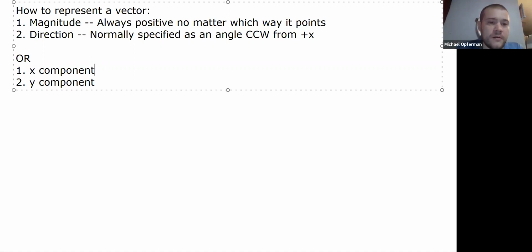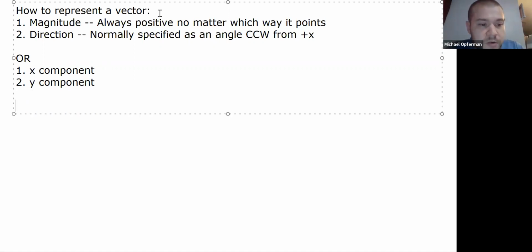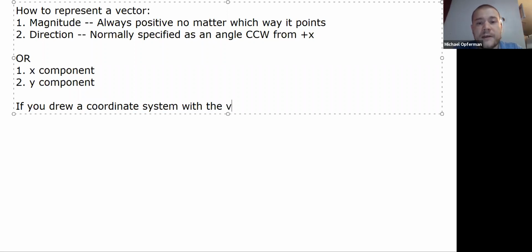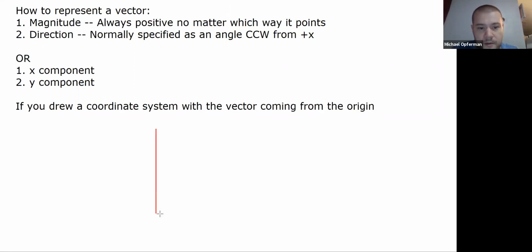Let me start a new line here and explain this from scratch. Let's say you drew a coordinate system with the vector coming from the origin. Let me do that just so you can see what I'm talking about. Say there's my coordinate system. Let's have the vector go this way.